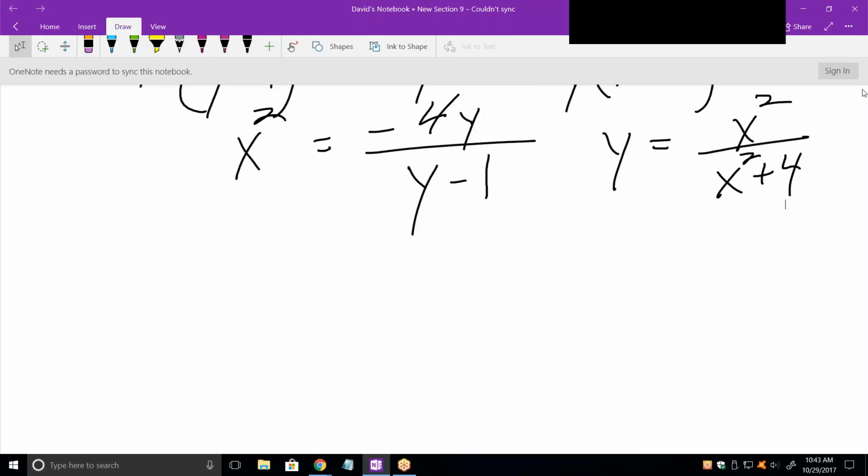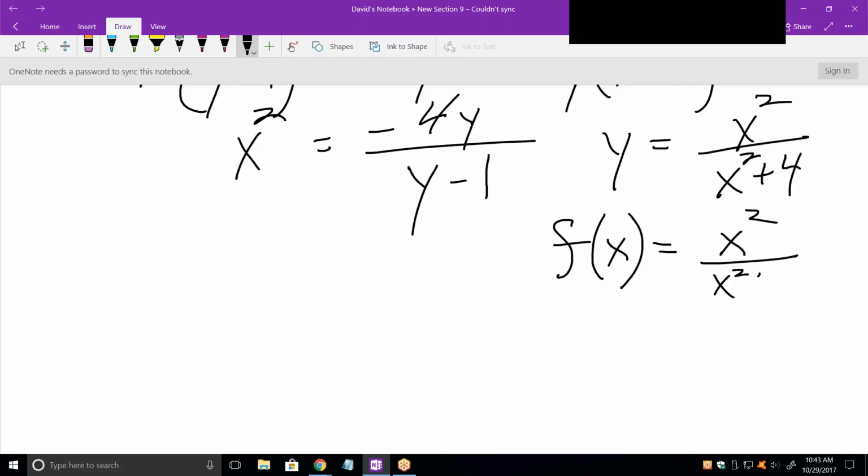All right. So I'm going to call this f of x instead of y, because that's what it is, a function of x. X is the only variable that appears on the right side.